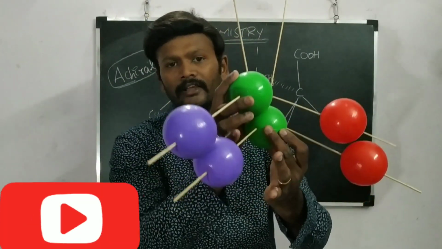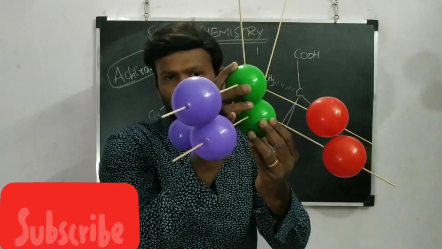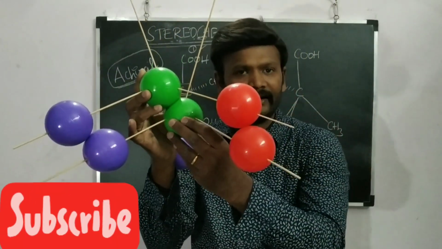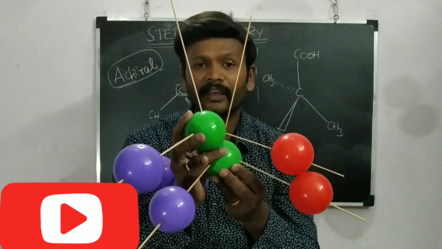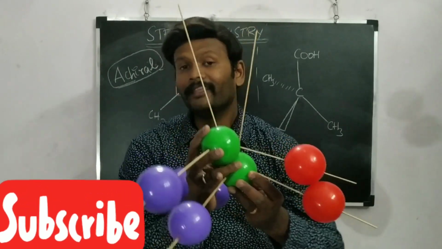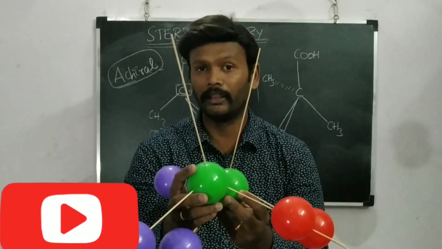That is called superimposable mirror images. This is a red color and this is a violet color. This is also violet. This is violet, violet, violet, violet and red, red. Everything is perfectly matching with each other in any rotation. That time it will be called an achiral molecule. I think you understand very well about chirality as well as the achiral molecule.